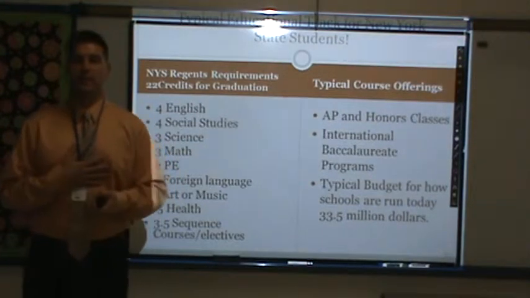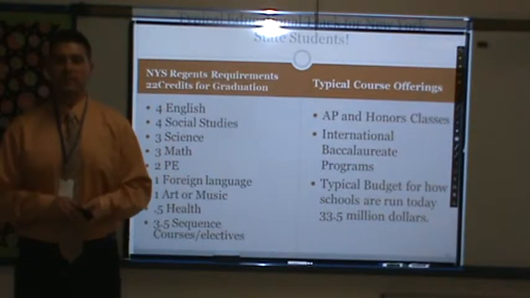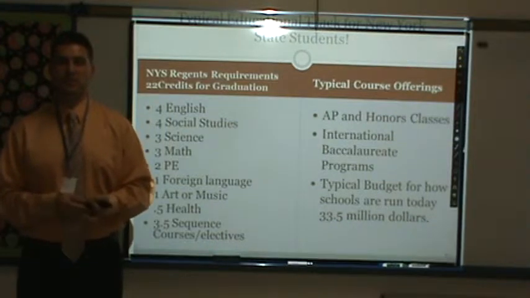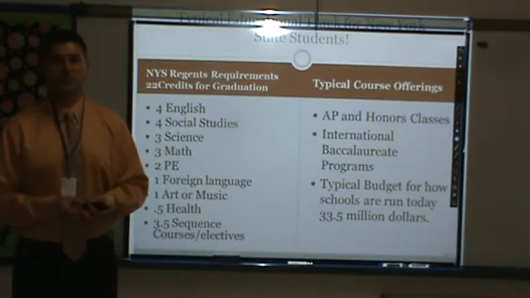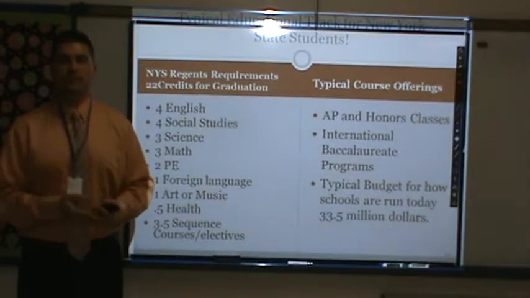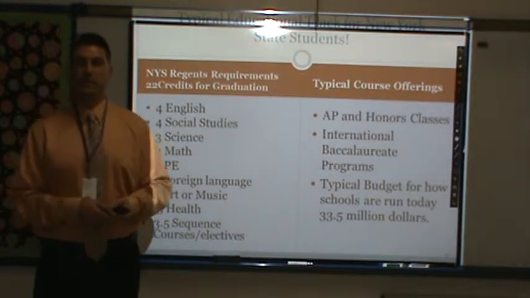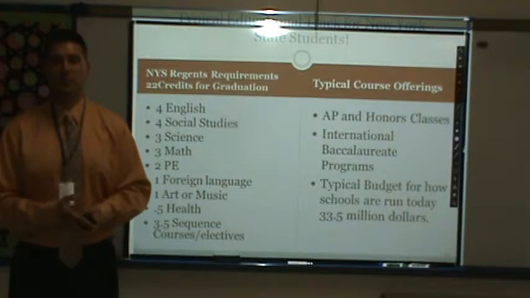Where I work at Mid-Lakes, we offer 5 AP classes that require a prerequisite of an 85 in the previous year's class of the same subject. So if you wanted to take an AP English class, then you would need to have had an 85 in English the year before.